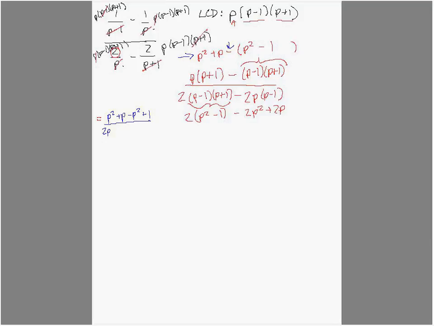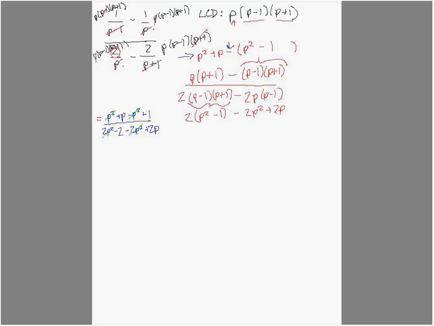We have 2p squared minus 2 minus 2p squared plus. Now, if you notice, on top, we have a p squared and a minus p squared. They cancel each other out. On the bottom, we have a 2p squared and a minus 2p squared. Again, they're going to cancel each other out.